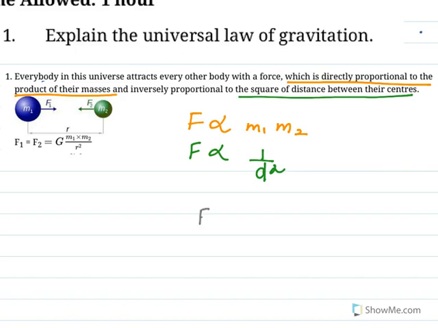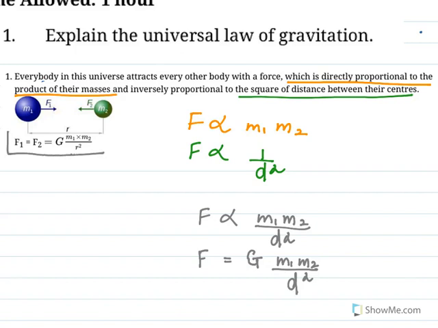And if you put both these together, you get m1 m2 over d squared. The proportional sign you replace with equal, then you have a constant which is G, the gravitational constant, over d squared. So this is the force between two objects having masses m1, m2 kept at a distance r from each other.